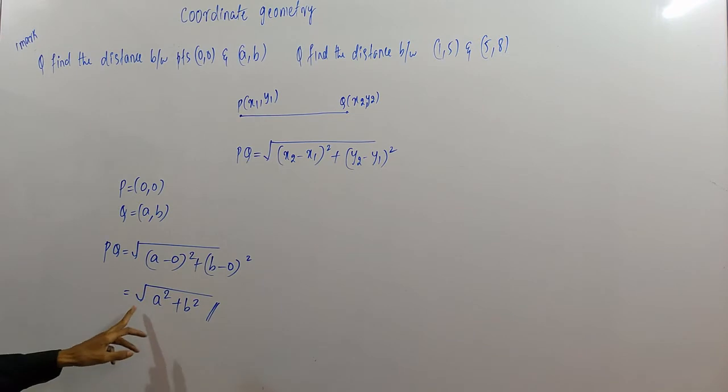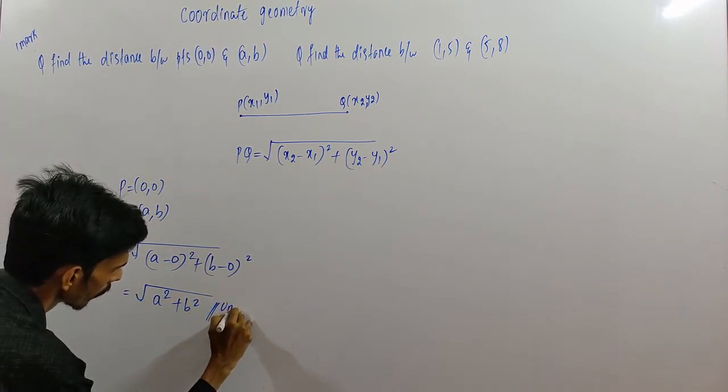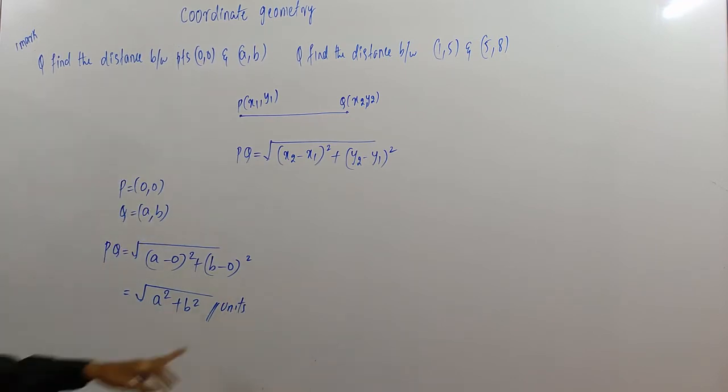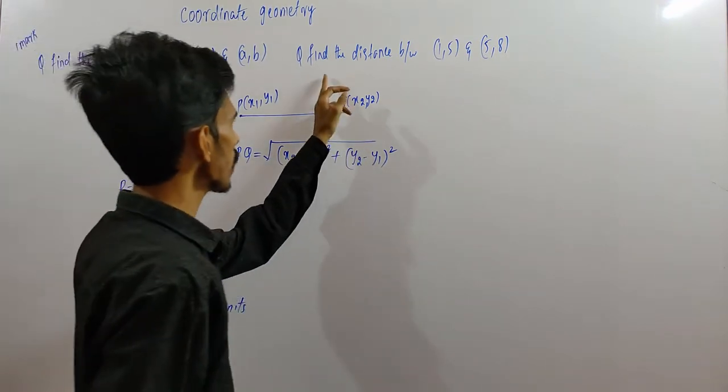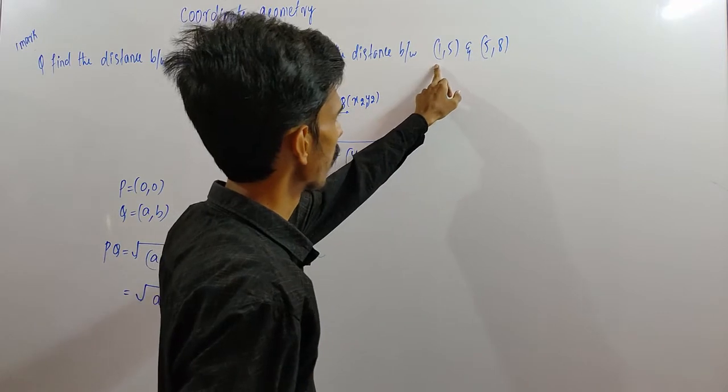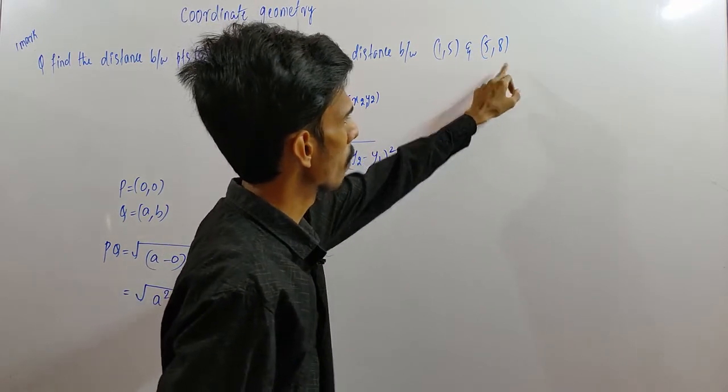So we have the distance as root over a squared plus b squared units.